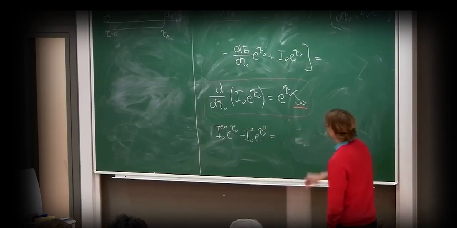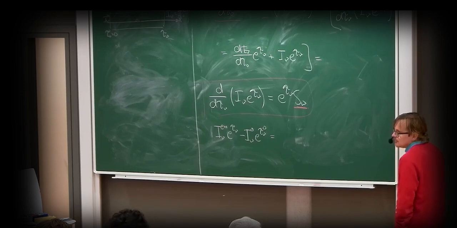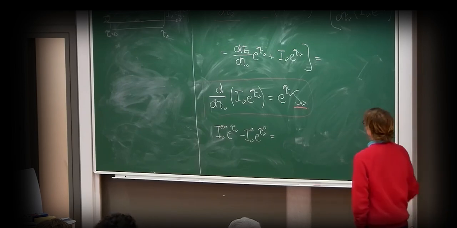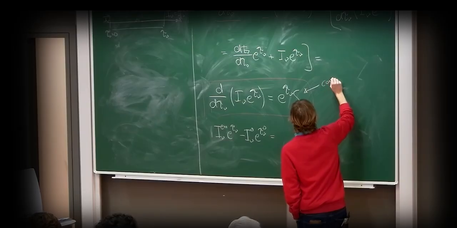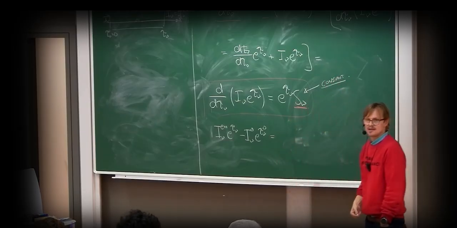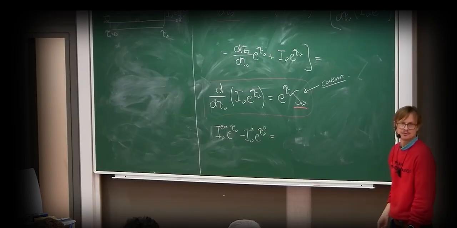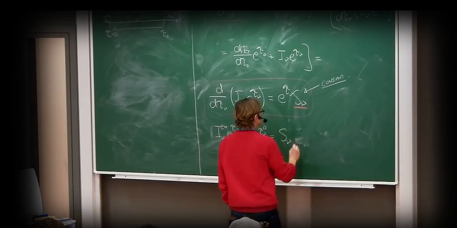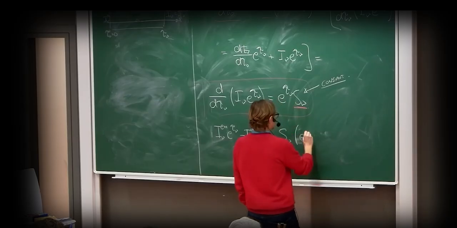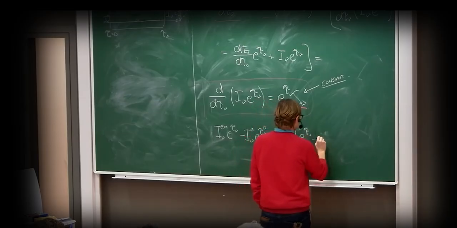For now, we're going to assume that S nu is a constant. That doesn't depend on tau nu. Then we get S nu times e to the tau nu minus e to the tau nu 0.